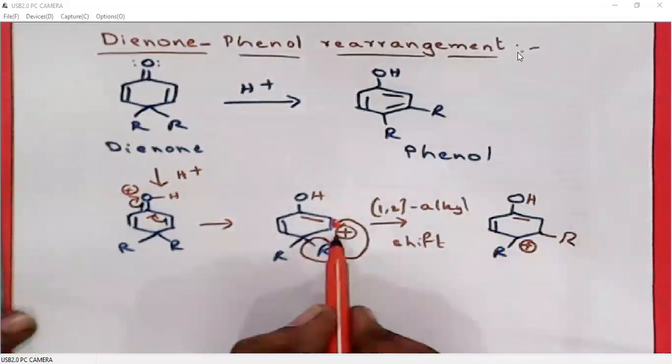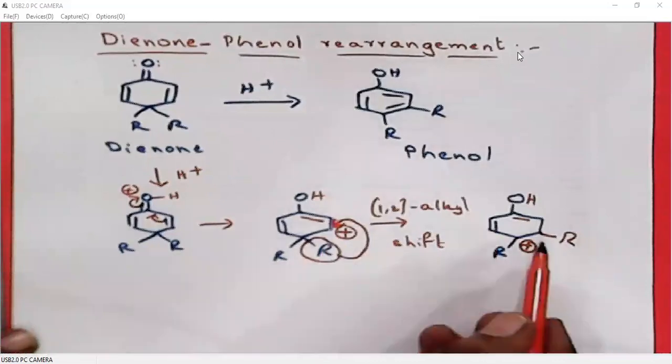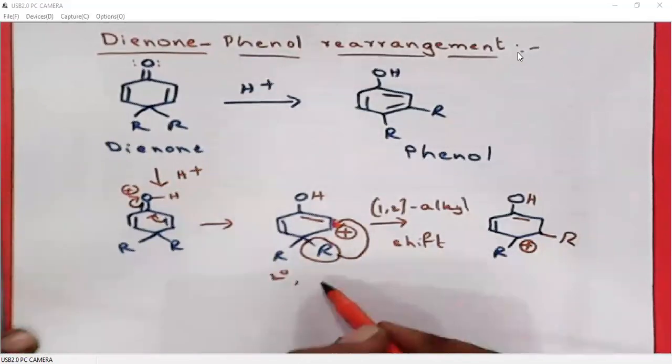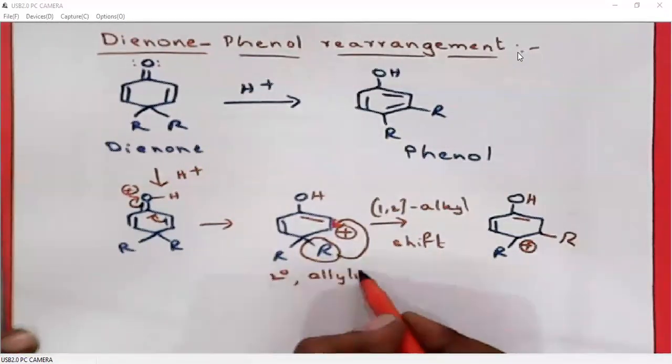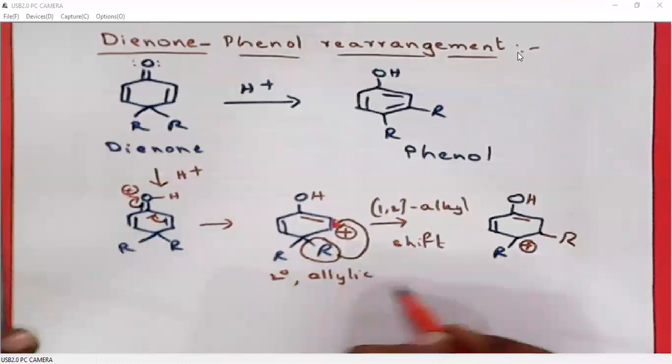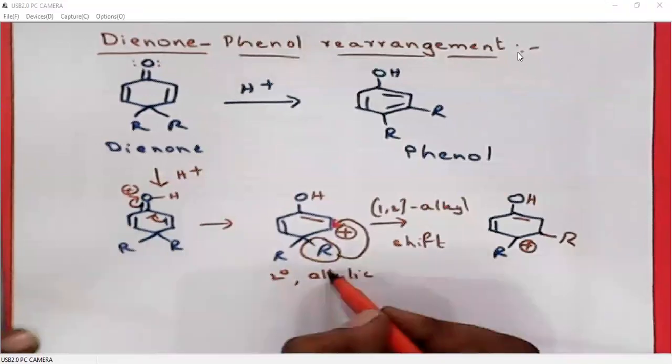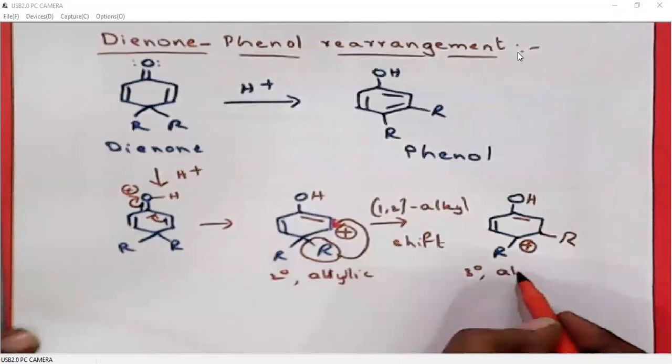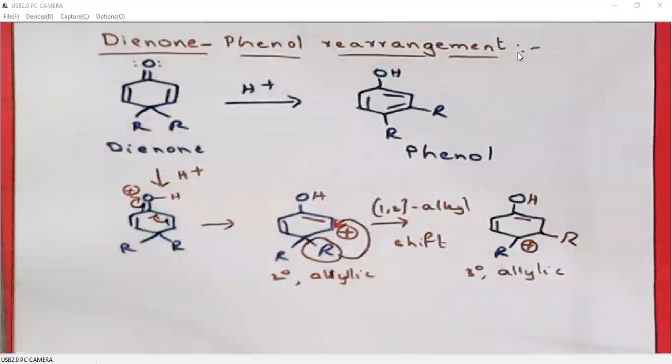So compared to this secondary and allylic, this tertiary and allylic carbocation is more stable. It is more stable. Okay.